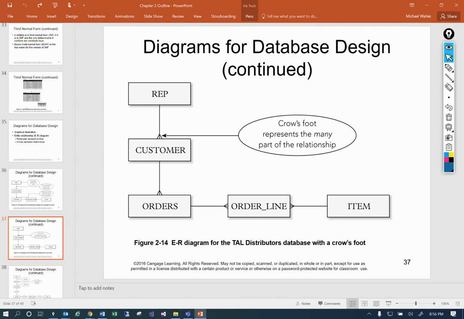Now this version is known as the crow's foot. And even this is a little bit different than the crow's feet diagram that I like to use. In the ones that I like to use, you would actually have a line here that says that this relationship is a one to many.